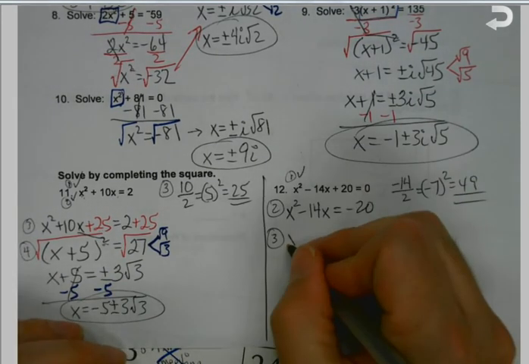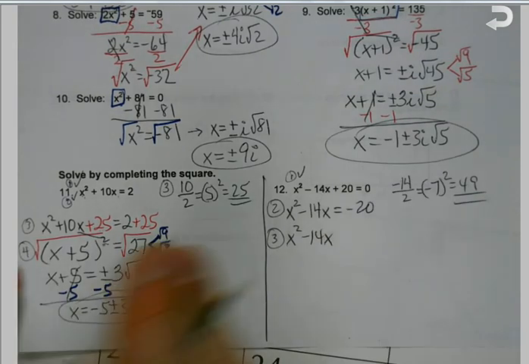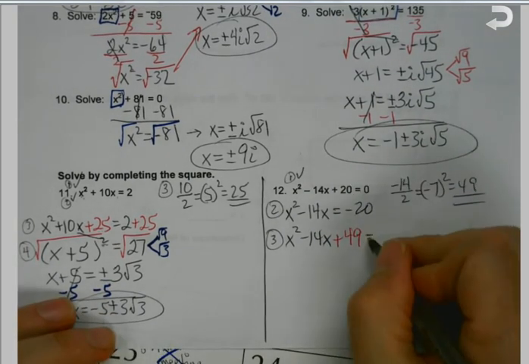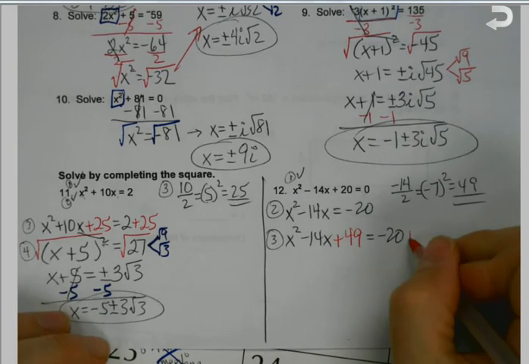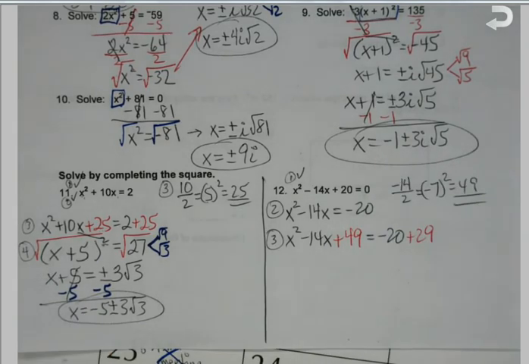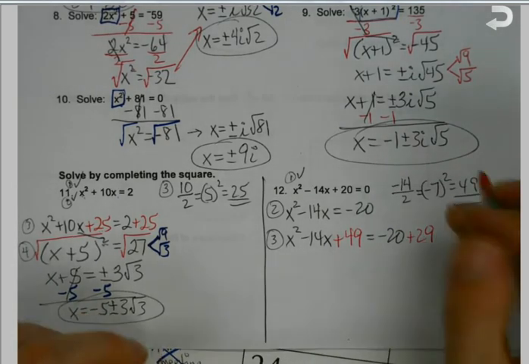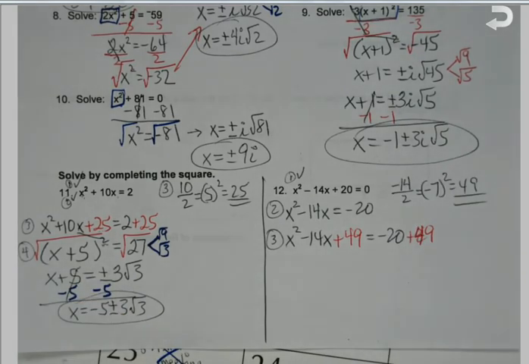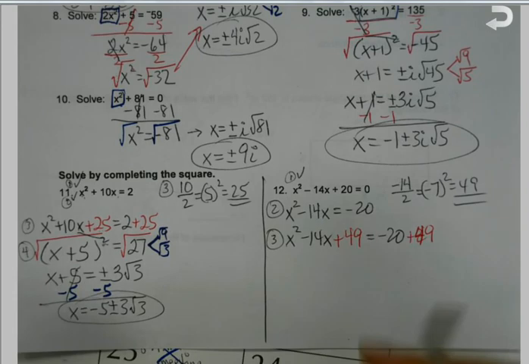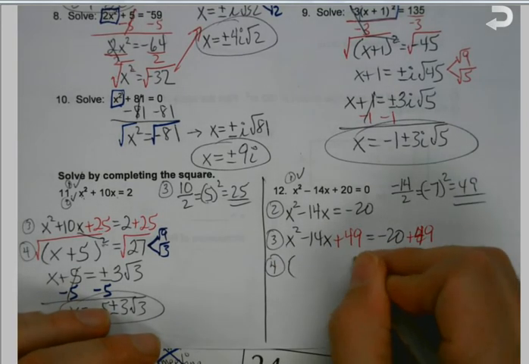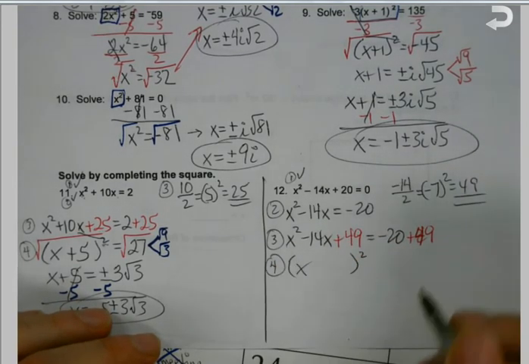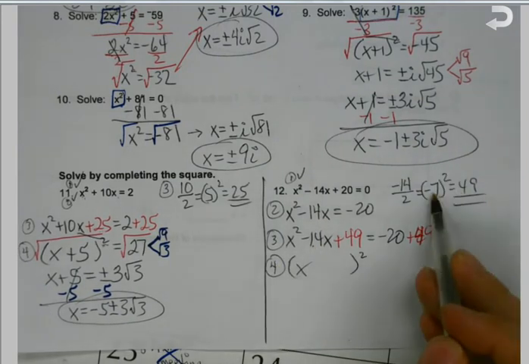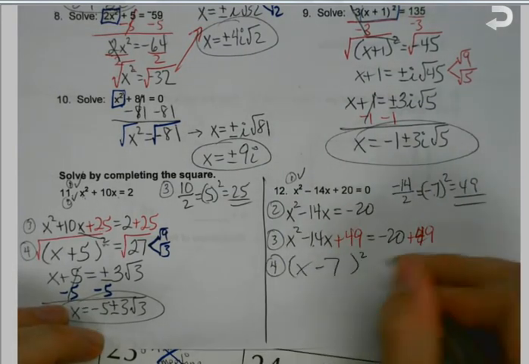So again, that's going to be added to both sides. Oh dear. I was thinking ahead to what the answer was going to be once I simplified it. Details, details. Again, it multiplies to 49, adds to negative 14, or just use your b divided by 2.